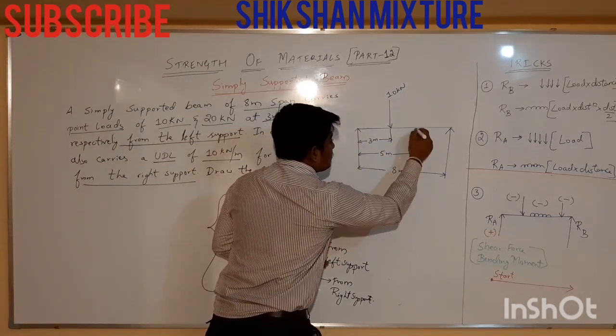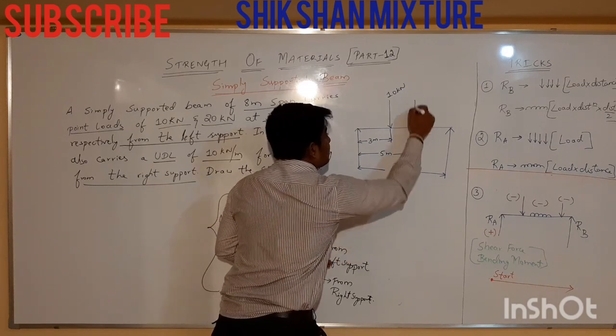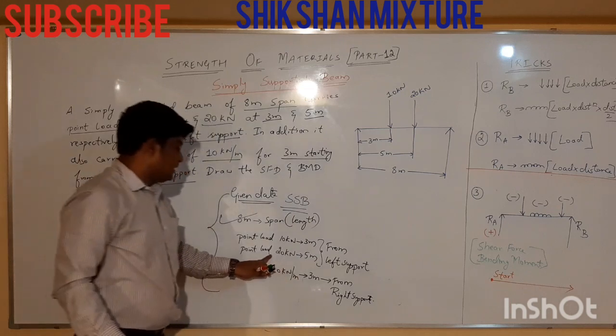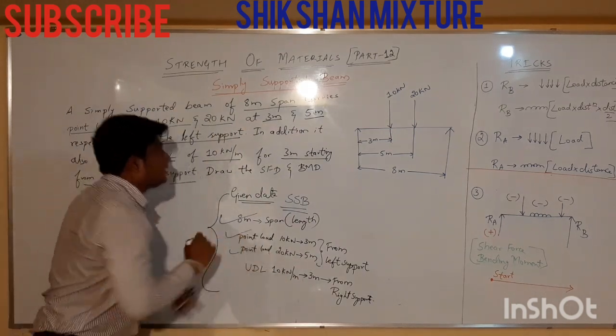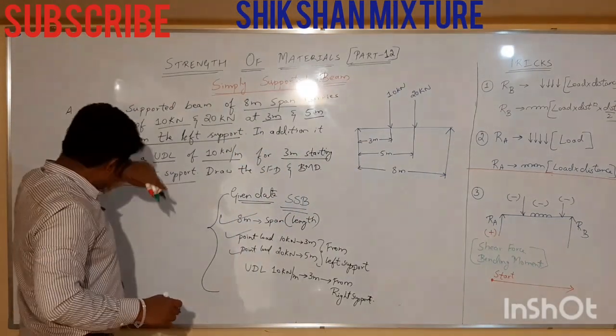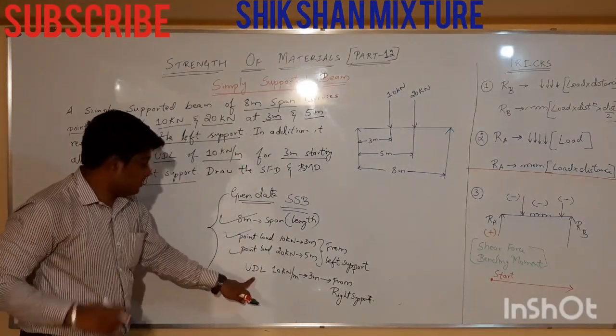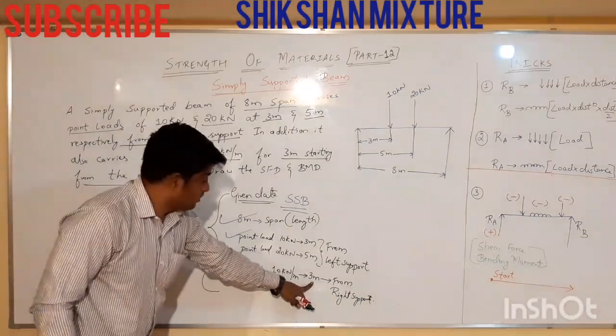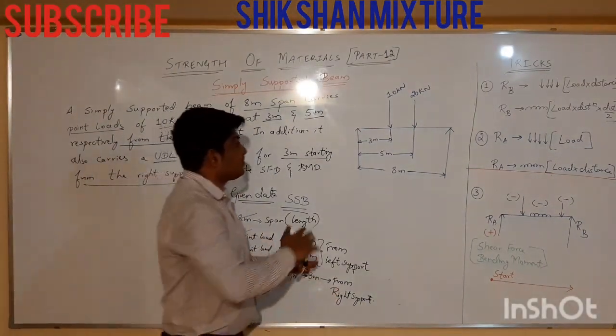Another load is acting. How much is it? 20 kilonewton. Both are over. 10 kilonewton as well as 20 kilonewton from the left support. Next, UDL is there. How much is it? 10 kilonewton per meter, 3 meters. From where? From the right support.